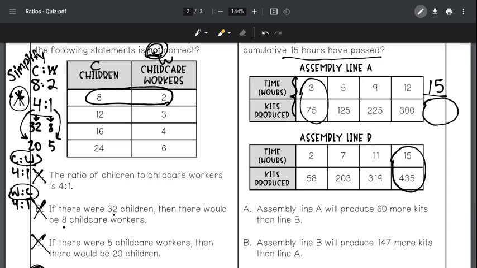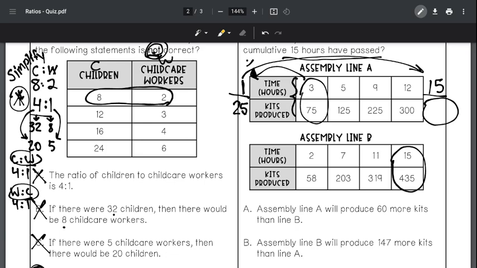sounds like quarters for money. If you have 3 quarters, you have 75 cents, which means with 1 quarter, which would be our 1 hour, we can make 25 kits. Okay, so I had to figure that out first, what my ratio was, simplified. Okay, but now, how do I go from 1 to 15?